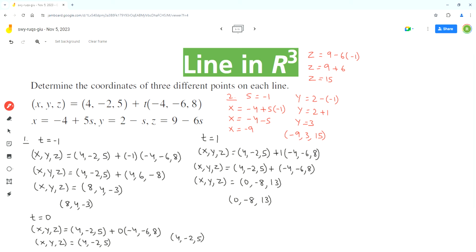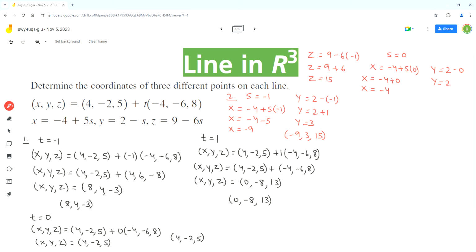Now we can find the second point that lies on this line, and for that we can use s equals 0. I get x equals -4. Now we can sub in s as 0 in the y equation. I get y equals 2.